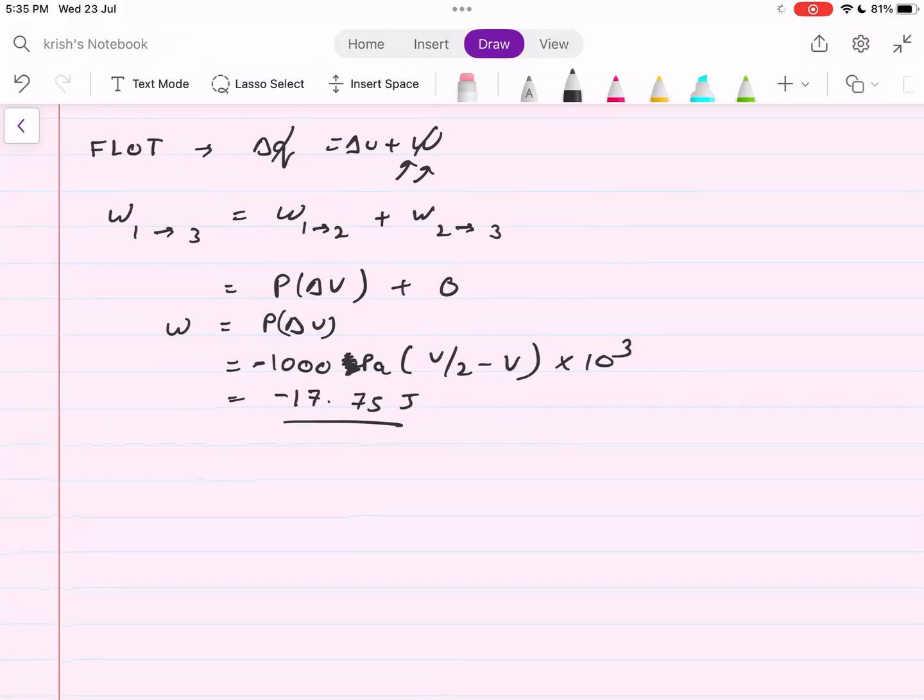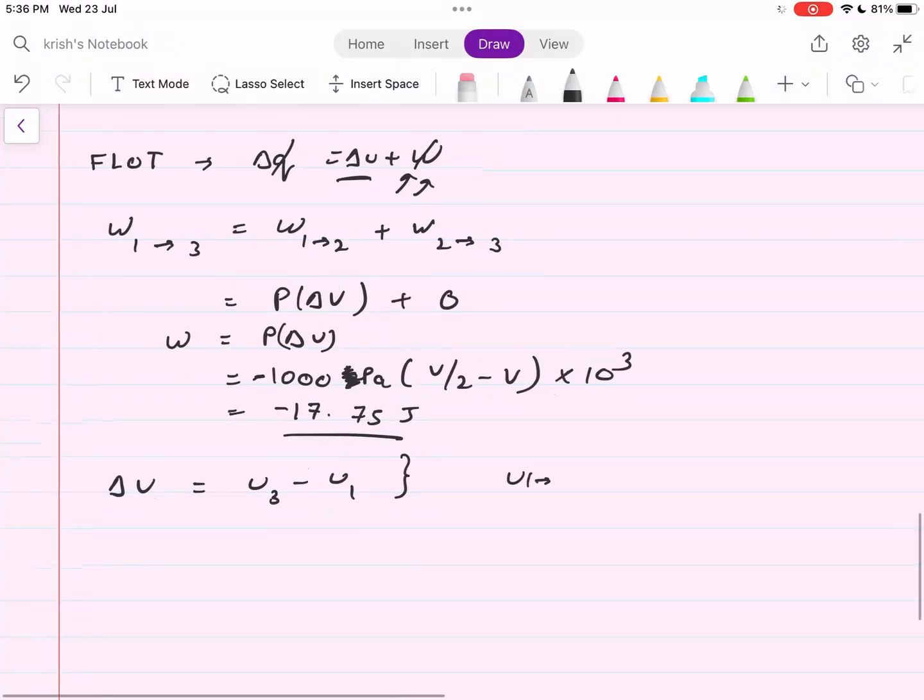So, now you know work. Delta U equals U3 minus U1. Why are we doing this? Why are we not doing U from 1 to 2 plus U from 2 to 3? If you remember very carefully, internal energy is a state function. So if you do this or you do this, it is the exact same thing.